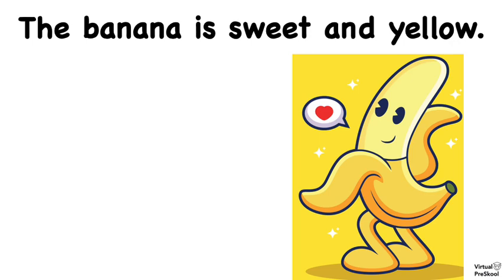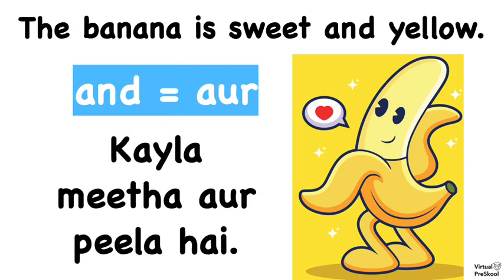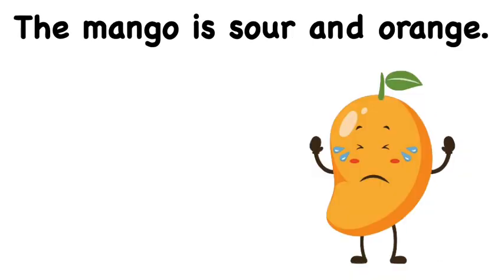The banana is sweet and yellow. You know how to say banana, you know how to say sweet, you know how to say yellow. Just don't forget and, which is aur. So what would the sentence be? Kela meetha aur pila hai. Kela meetha aur pila hai.